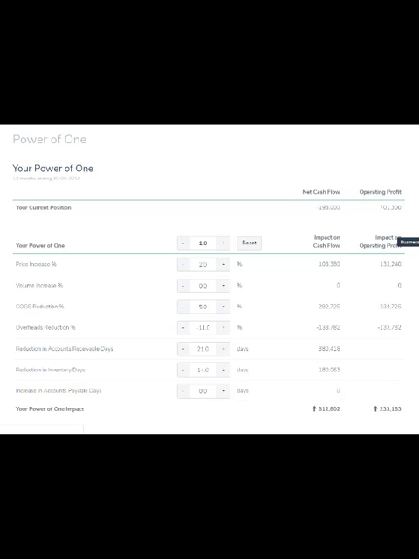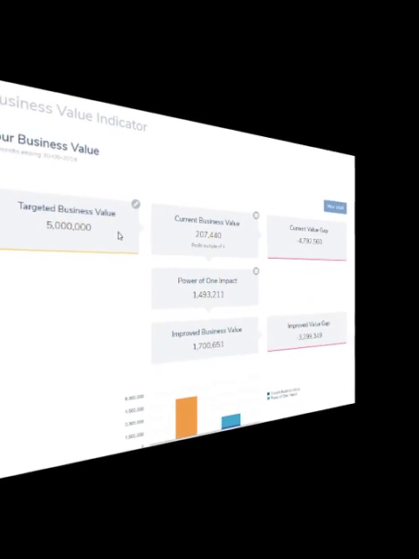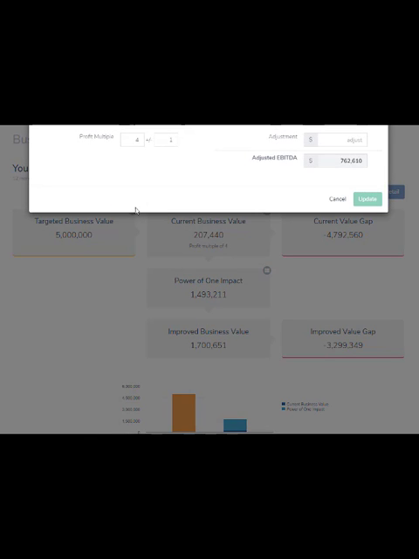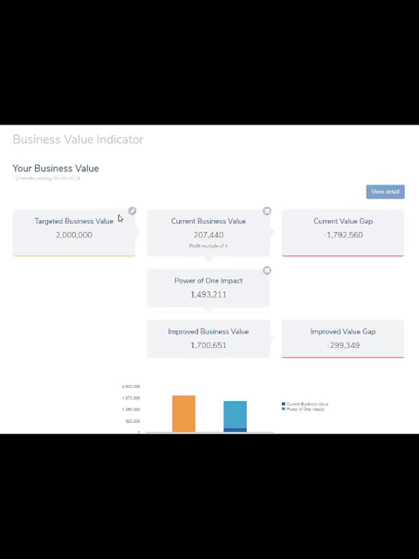And now we can have a look at how that will affect the value of the business. So for this business, we'll just change this. In here we can change the value of the business. So we want $2 million for the business.